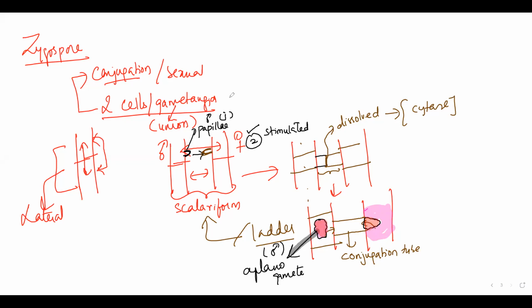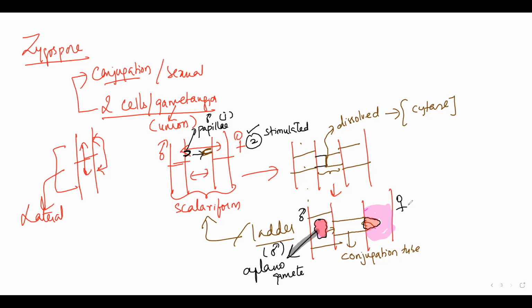So that is the only space created by the female, but the contraction is not very severe as in the male. Males are having complete protoplast contraction, but in females it is not the case. She is only going to create a place to accommodate your male aplanogamete.